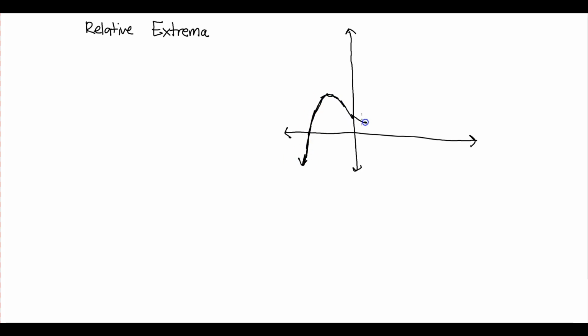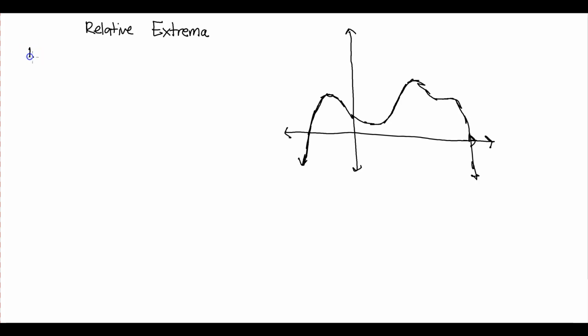Okay, so here's our second arbitrary function. A relative maximum and a relative minimum are found in kind of the same way.